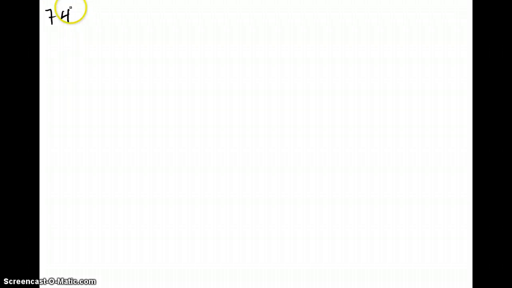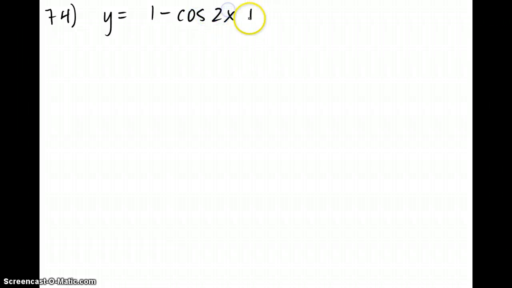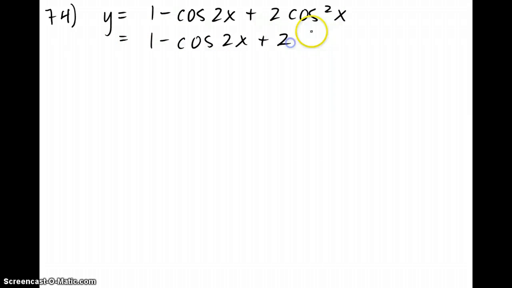74, y equals 1 minus cosine of 2x plus 2 cosine squared of x. Okay, so I'm going to do one rewrite here. Since the exponent is between the trig function and the variable, the entire expression is being squared.